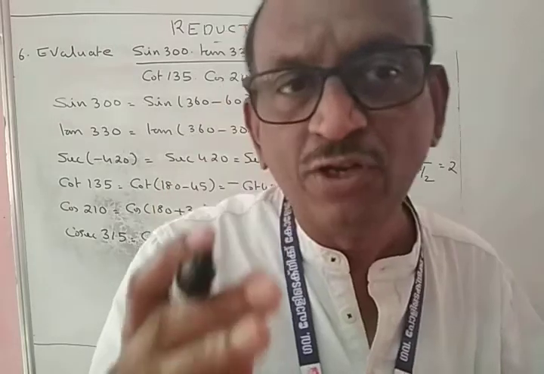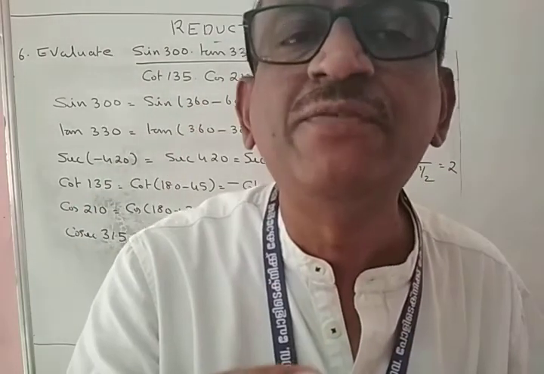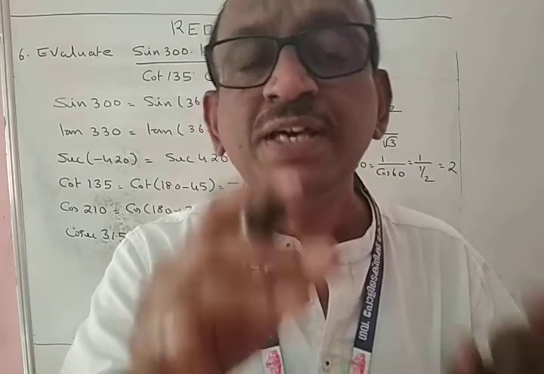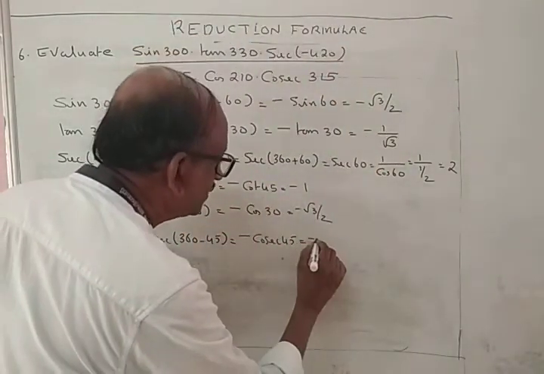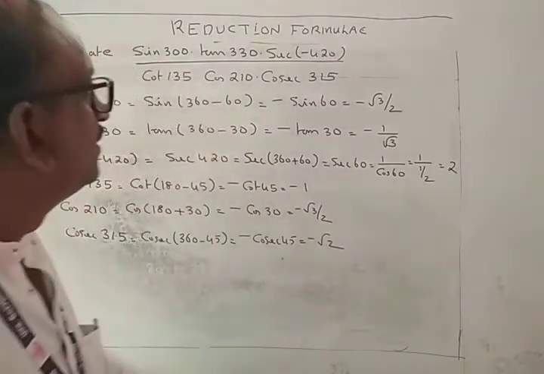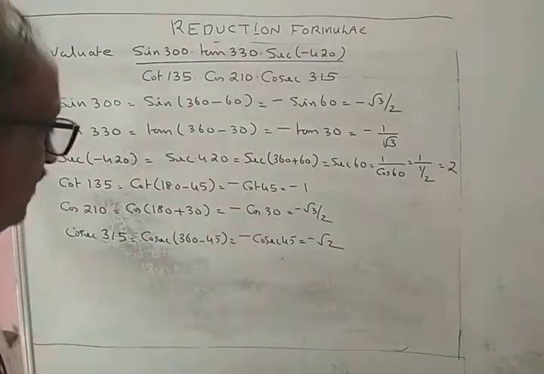Cosec is the reciprocal of sine. Sine 45 is 1 by root 2. Therefore, cosec 45 is the reciprocal of 1 by root 2, which is root 2. Here minus root 2. Then substitute these 6 values in the expression.